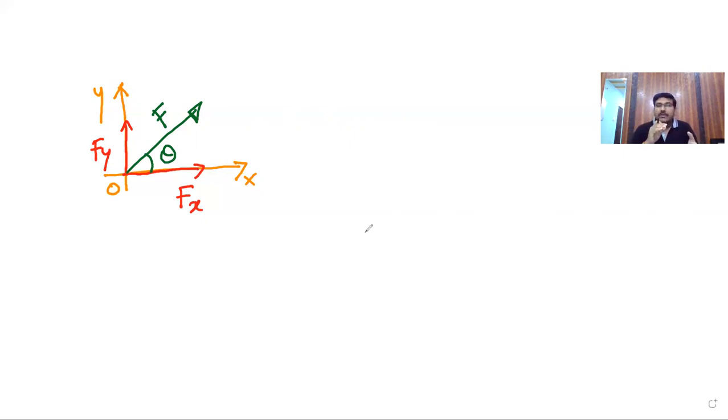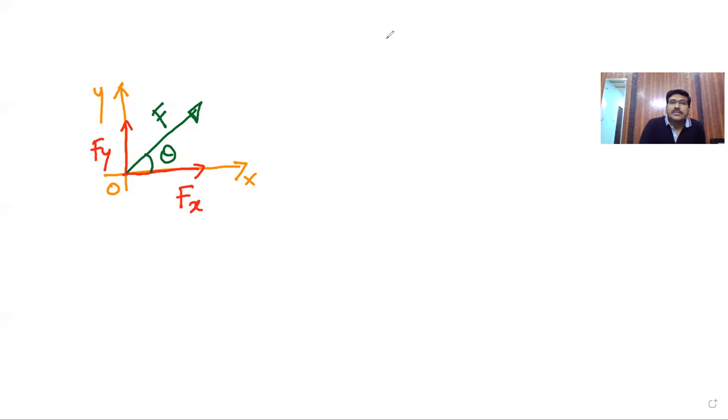If two forces are given, one force along x-axis, Fx, and the other force along y-axis, Fy, then we can easily find out the resultant of these two forces as F, acting at an angle theta with respect to the x-axis. Is it clear? Okay.